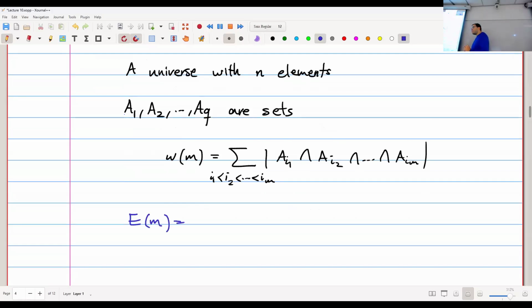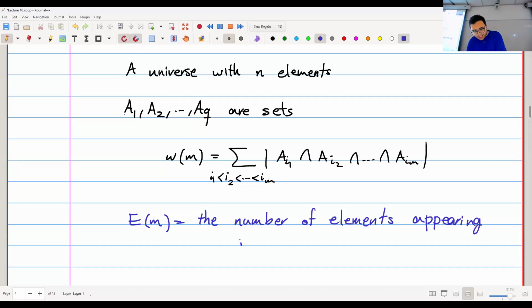This is going to be the number of elements appearing in exactly m of my sets.